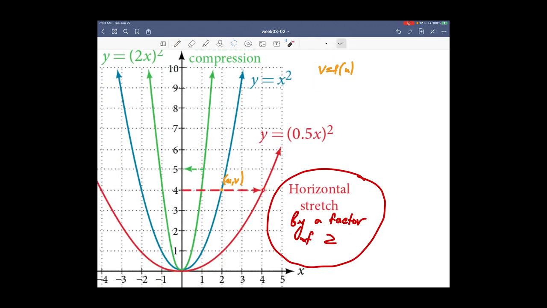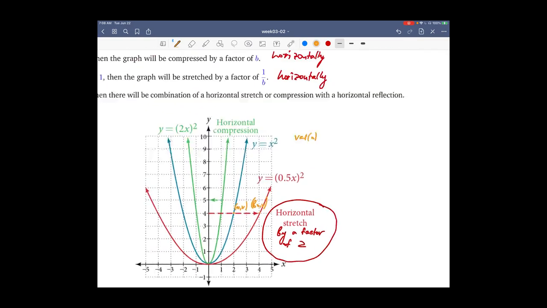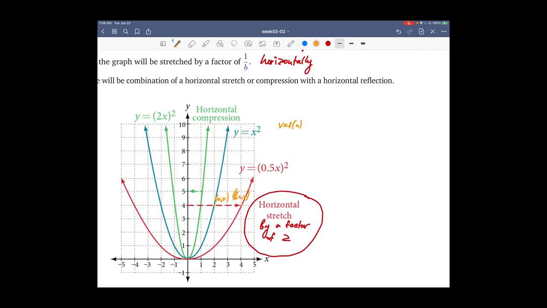What do we know about this point? It has the same y-coordinate, and the first coordinate is bu. I claim that this point will lie on the graph of this other function.